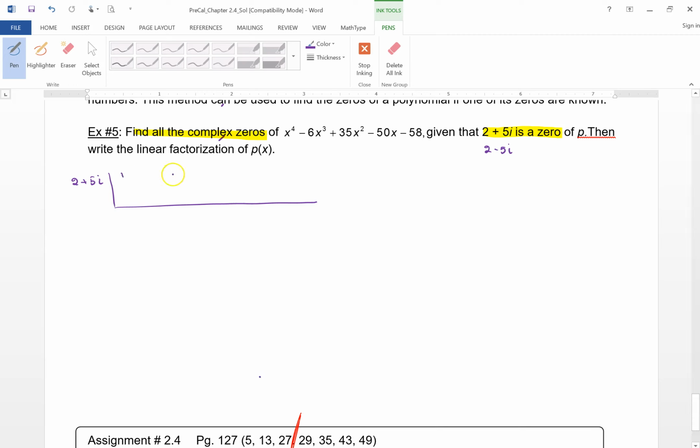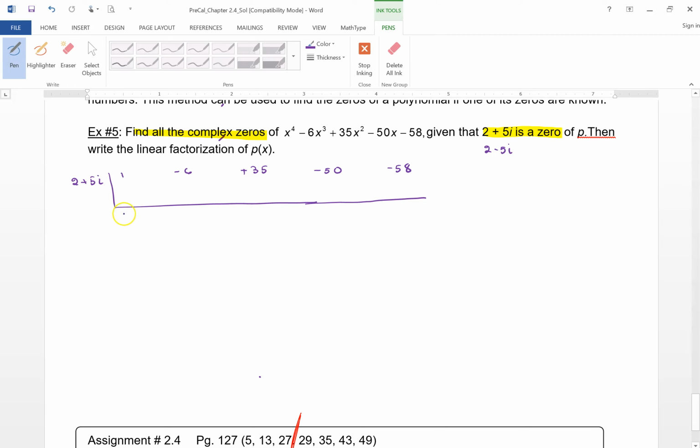So 1, negative 6, positive 35, negative 50, negative 58. Okay, and the rest just sort of requires patience. Okay, you turn off the cell phones, you're not talking or chatting with your friends or your boyfriends or your girlfriend or whatever, and you're just concentrating on this.